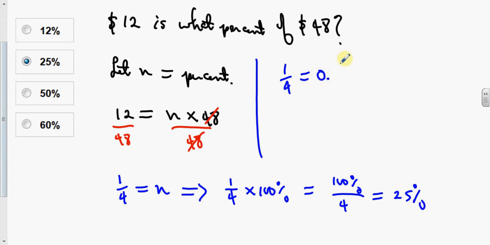That's 0.25, and then you can convert this decimal to percent by moving your decimal 2 places over to the right, and that yields 25%. So to go from decimal to percent, you move the decimal place 2 places to the right. To go from percent to decimal, you move the decimal 2 places over to the left. At any rate, all you need there is 25%.